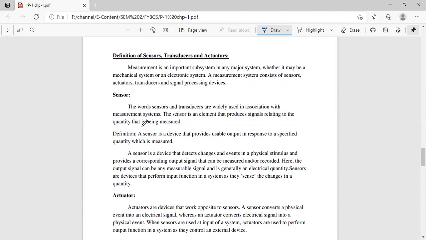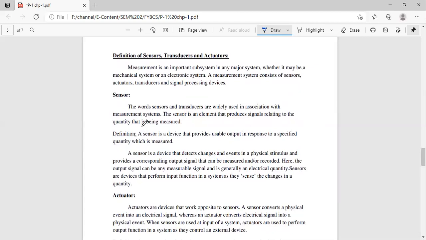The output of a sensor you can record also and you can measure also. Here the output signal can be any measurable signal, but it is generally an electrical quantity.